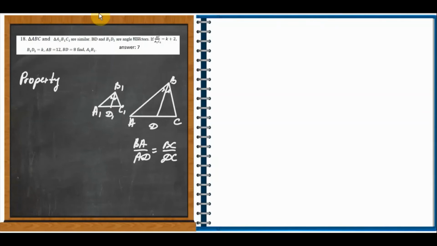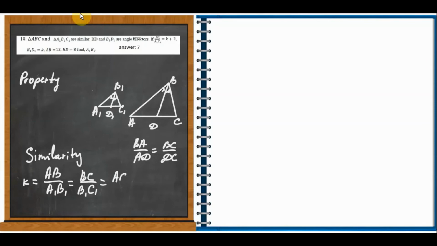From the similarity, we know that there is a scale factor equal to the ratio of AB to A1 B1, which is equal to BC to the corresponding side B1 C1, and equal to AC to A1 C1. And also, when you have an angle bisector, BD over B1 D1.